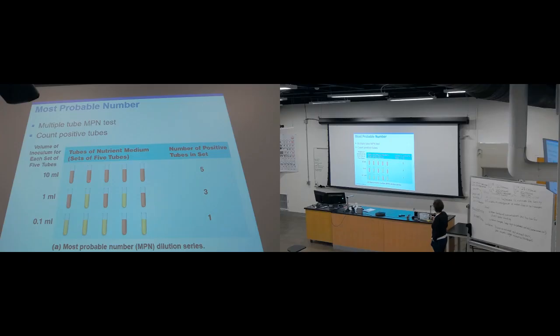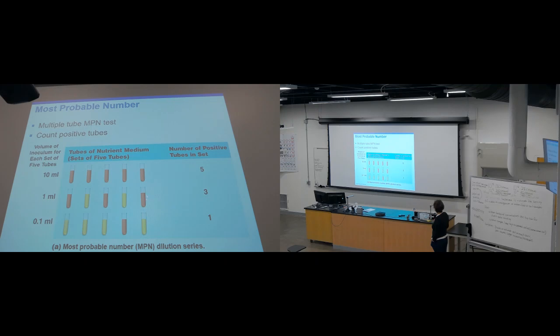And then you can see a change in the color of the medium. So in this case, all became positive. They were like this, yellow. So all became positive, so that's your first set. You have 5 positives. In your next set, you transfer from this to here 1 milliliter.